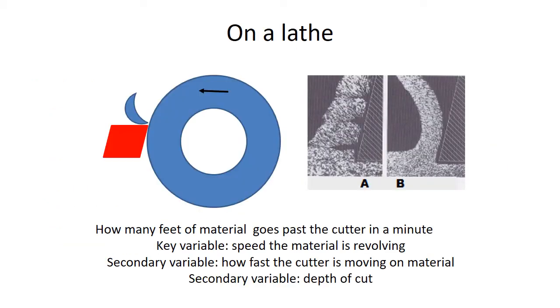On a lathe, it's kind of easy to see. You've got a single point, and how much material is going past that point, how many inches per minute, is pretty easy to calculate.